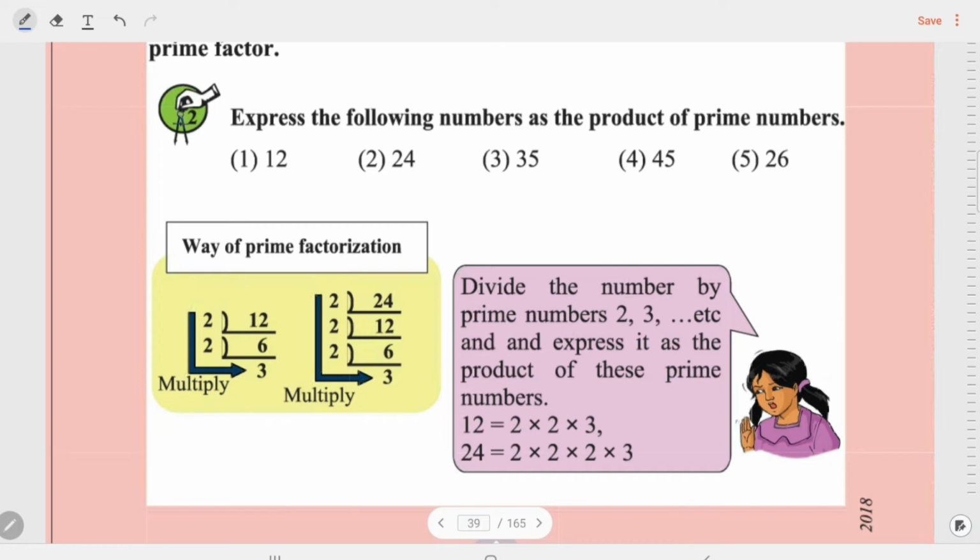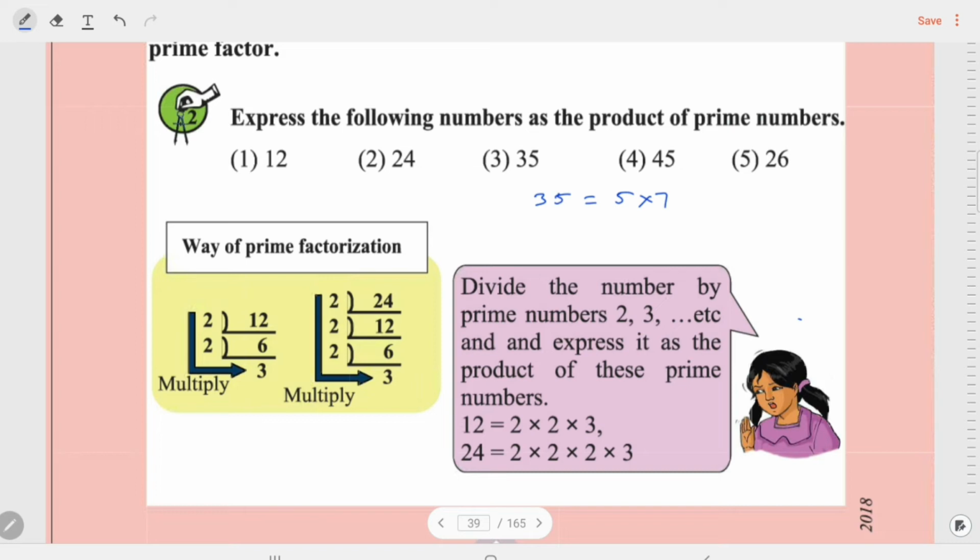I will take only one example here to illustrate. 12 means 2 into 6, 6 is 2 into 3. Let me do it for 35. 5 into 7, that's it. 35 you won't get many, this is 5 into 7.